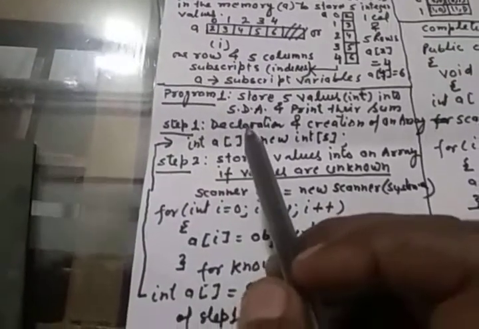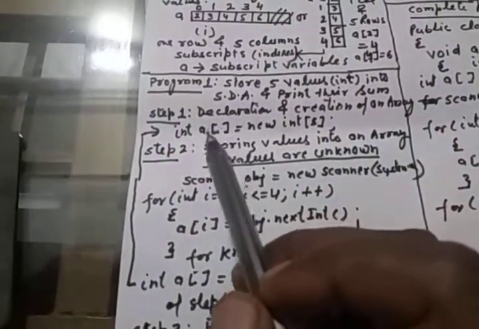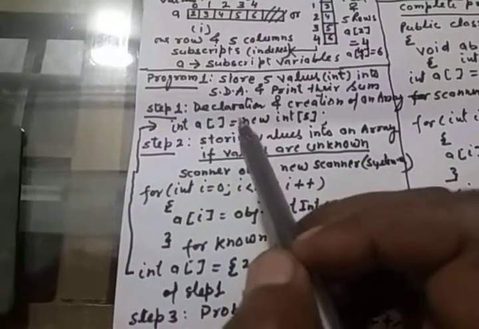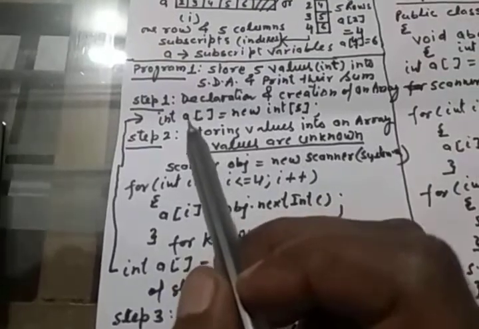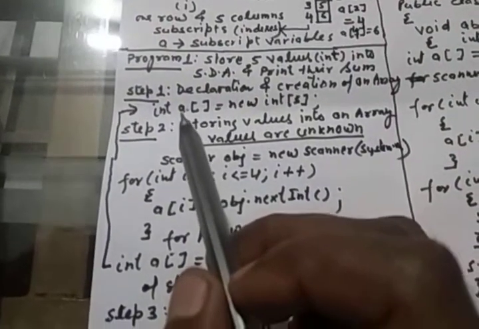So storing 5 integer values into any single dimension array, first we have to create 5 locations in that particular array. Okay. Now step 2.